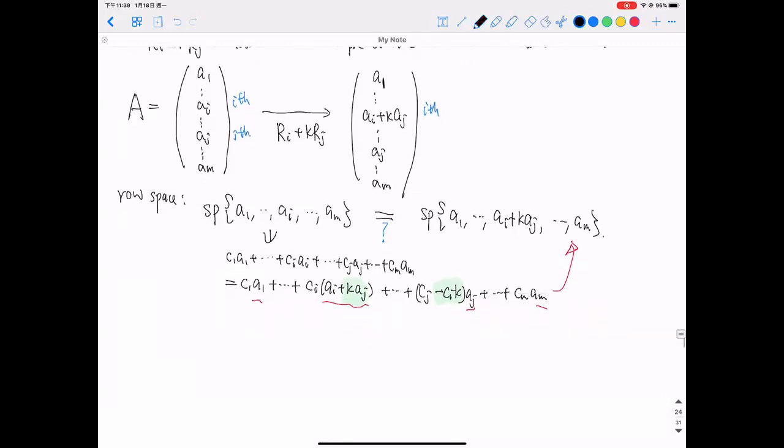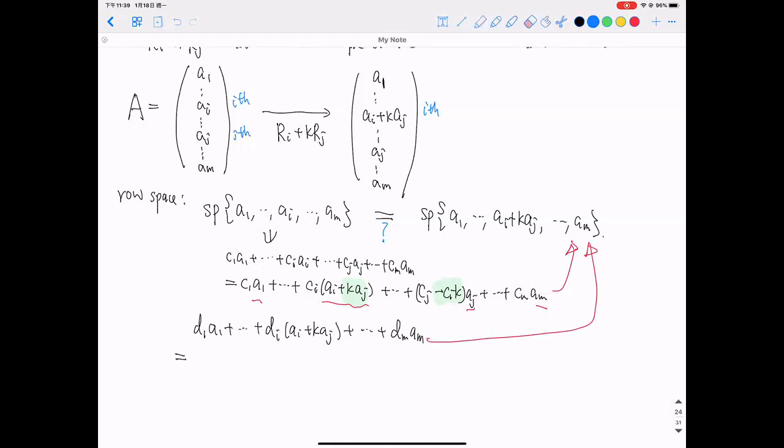Now for the other direction, I should look at a linear combination in the new row space, that's like that. Let's suppose I have an element from this span that looks like this.